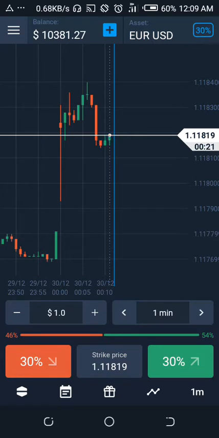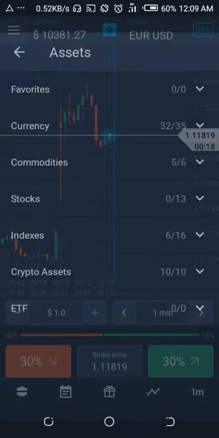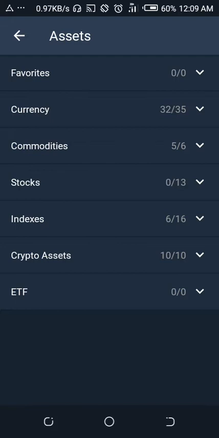Now, here is the list of the assets that we have. Don't forget we have different products. Under the assets, we have currency, commodity, stock, indices, and crypto assets. The major asset that people normally trade on, either binary or Forex, is the currency and the crypto assets.